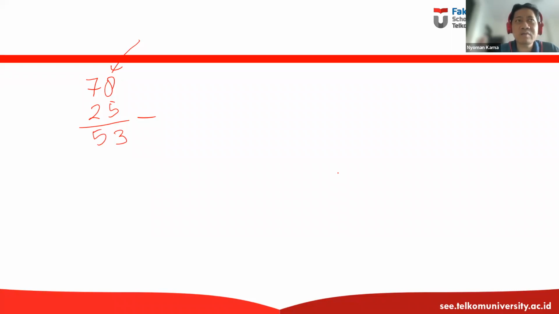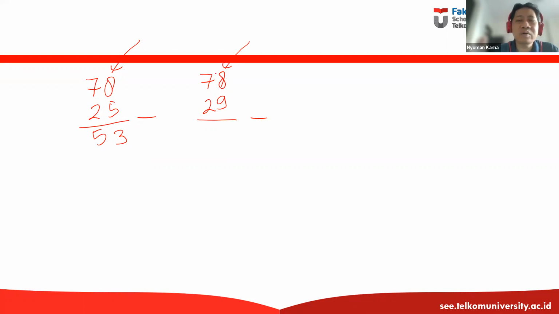Now, how about if the subtraction needs a borrow? So instead of carry, now in subtraction we use borrow. Let's say 78, but subtracted by 29, for example. Now, same thing, we're going to start from the least significant symbol. 8 minus 9, no, we can't do that because I have 8, but I want to subtract 9.